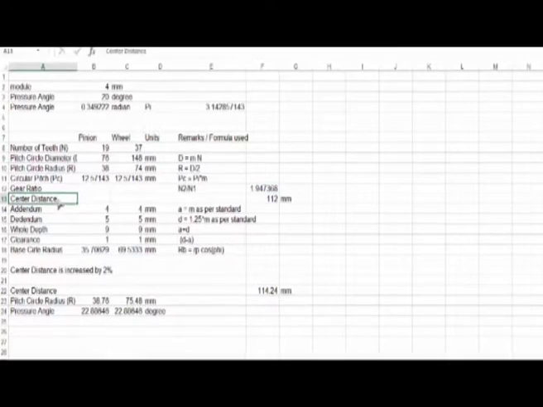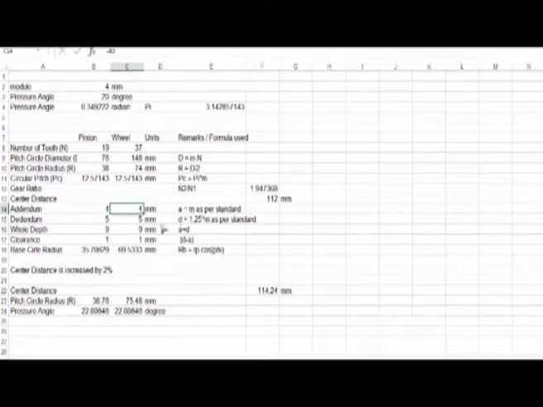Center distance, as we have seen, is the sum of the two pitch circle radii, which is C10 and B10, and therefore the nominal center distance is B10 plus C10, which comes out as 112 mm. Addendum is equal to module as per SI standard, so the module being 4 mm, the addendum is 4 mm.